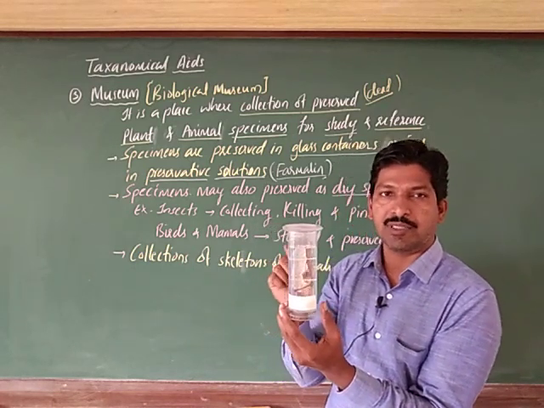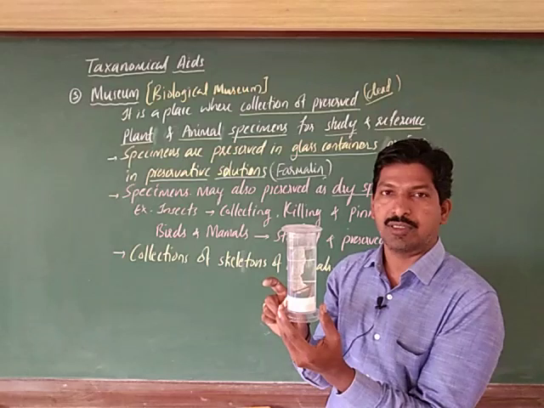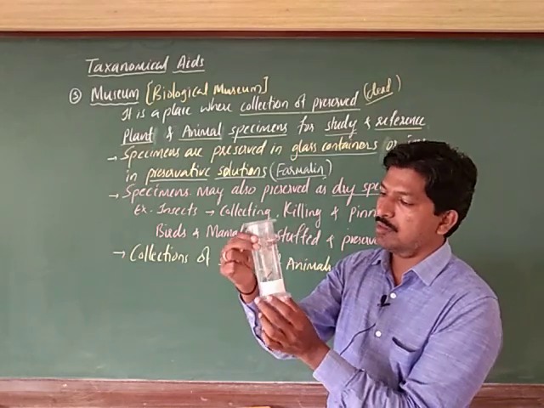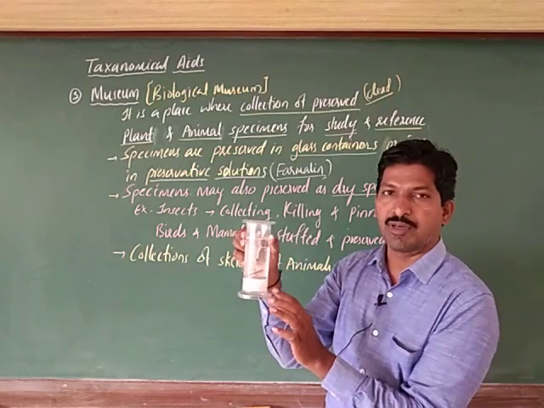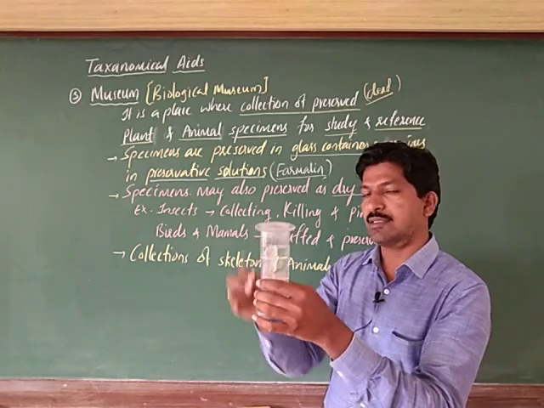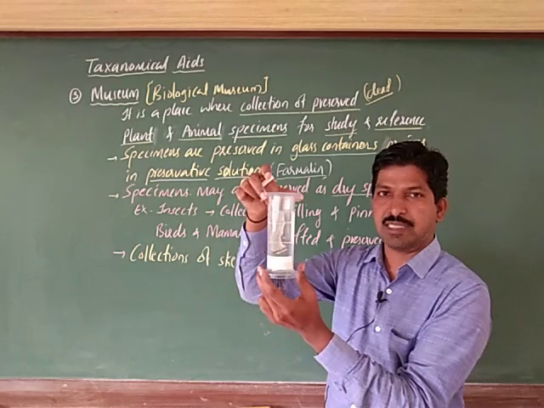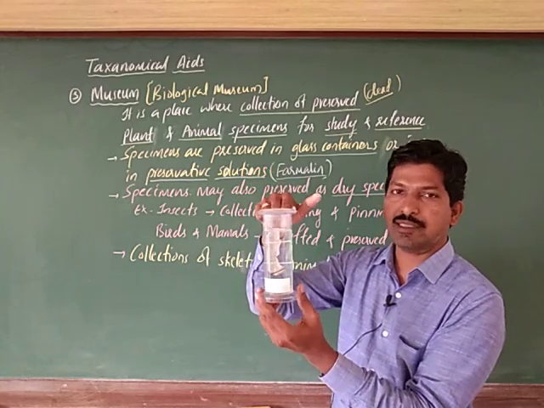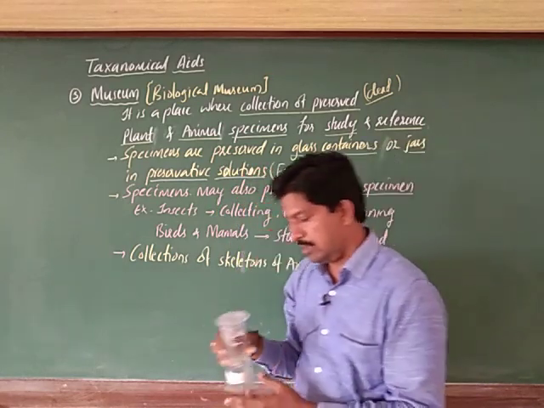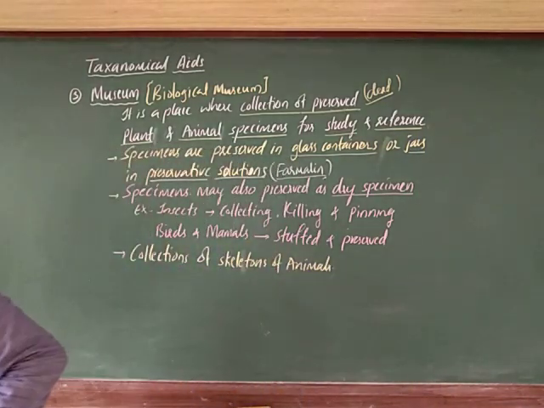Sometimes plant specimens may become decolorized. So this is the plant specimen, a fern. This is a cylindrical glass jar, a transparent glass jar, and inside there is formalin. Next, I will show you one more, an animal.